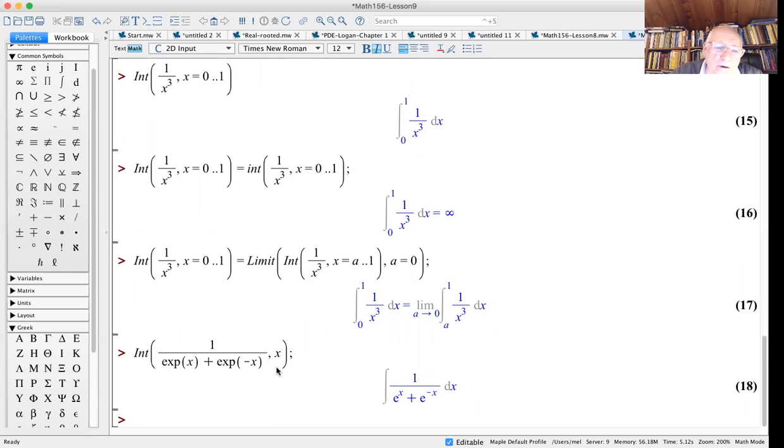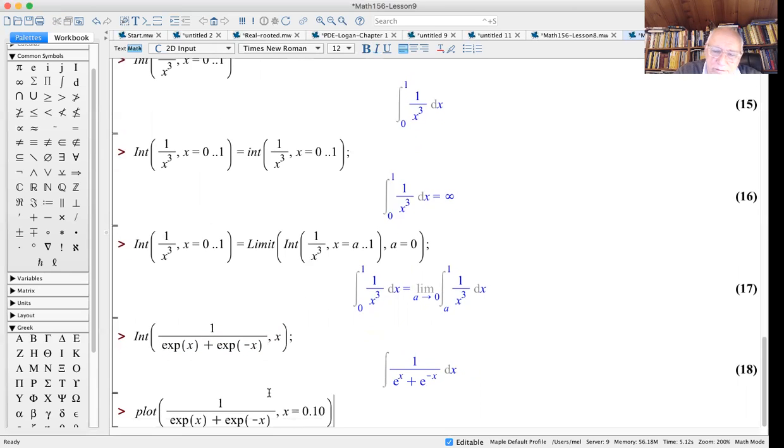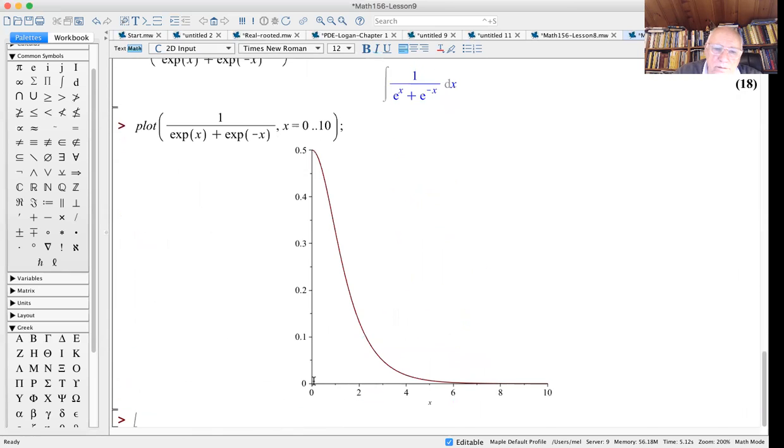What does the graph of this function look like? Suppose I plot x going from 0 to 10. It's decaying pretty fast.